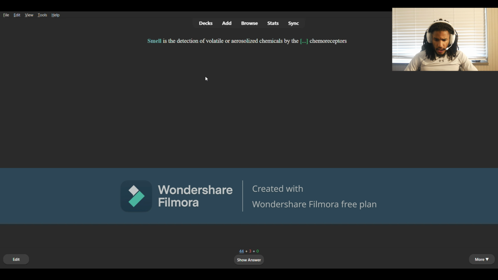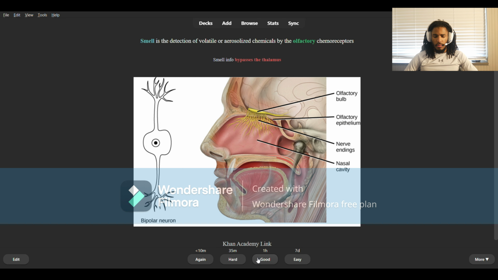Smell is the detection of volatile or aerosolized chemicals by using the blank chemoreceptors. Olfactory. So the olfactory looks like these yellow things that go into your nose.